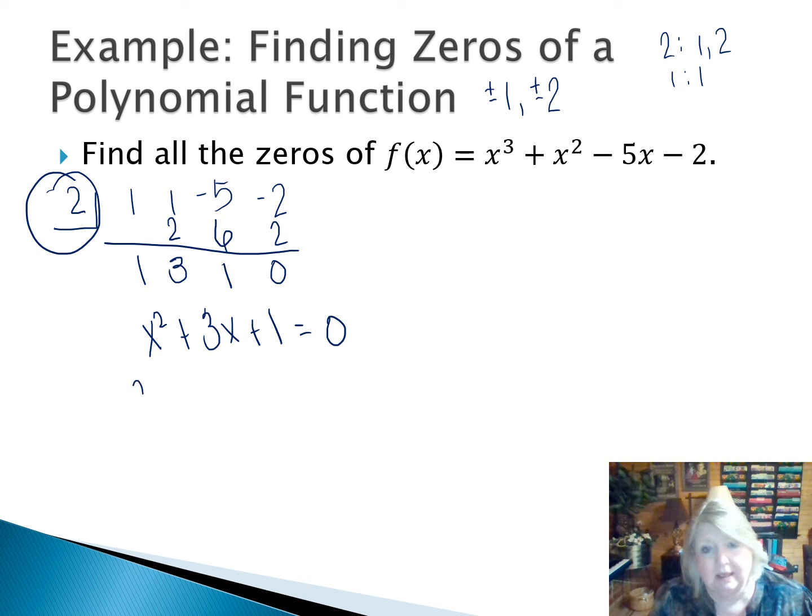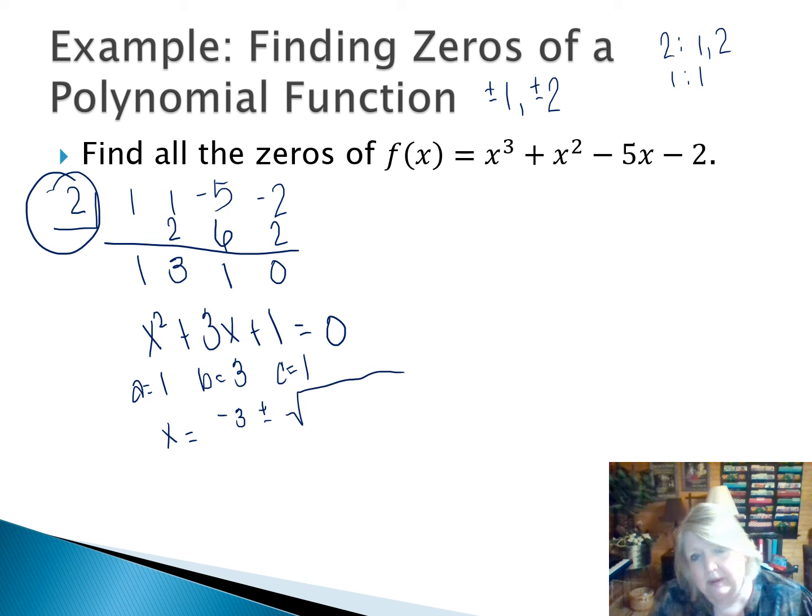So I'm going to say, let A be 1, B equal 3, and C equal 1. And then I'm going to plug into the quadratic formula. X equals the opposite of B, plus or minus square root of B squared minus 4AC, all over 2A.